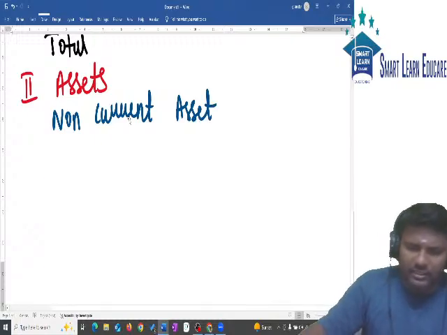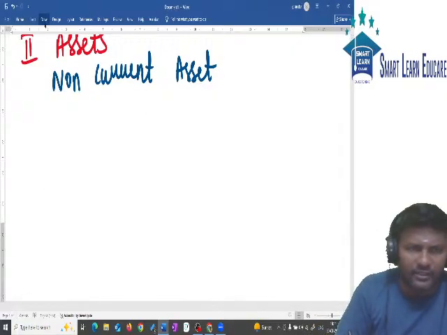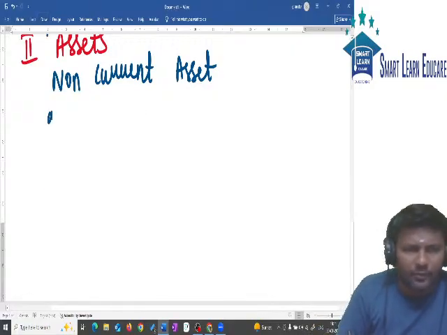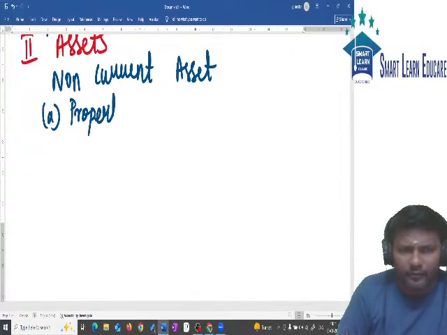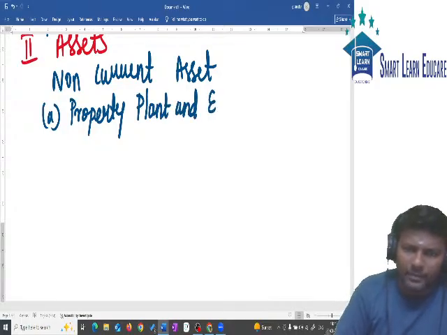In non-current asset, in total we have 5 points. The first point is very important. What is the first point? It is property, plant and equipment and intangible asset.